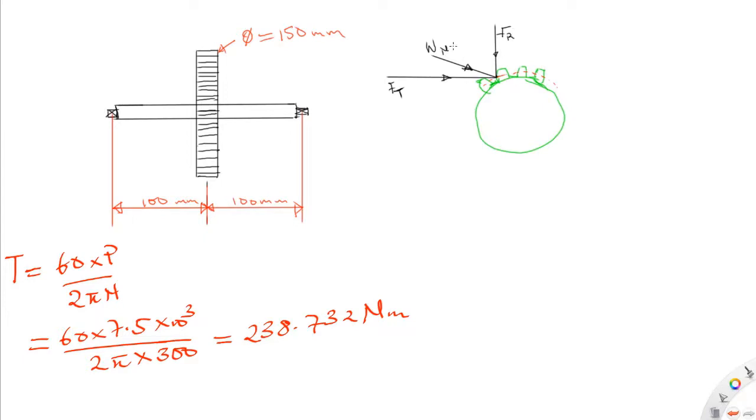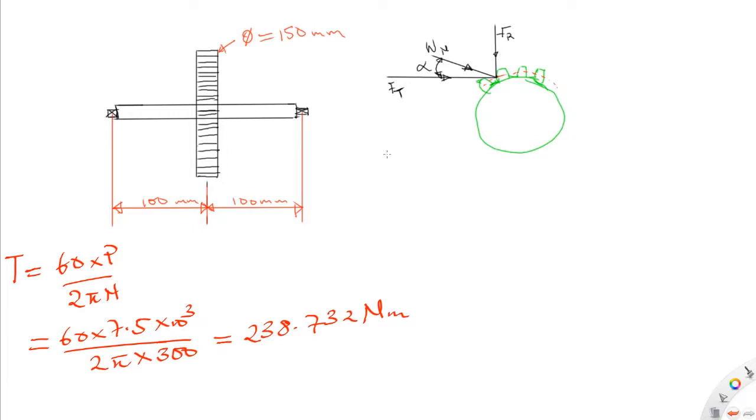All right, now the angle between the Wn, which is the normal load, and the tangential is what we call the pressure angle, and that is this angle here. So this angle is the pressure angle, and that is the alpha.